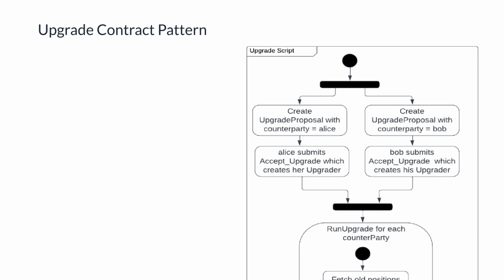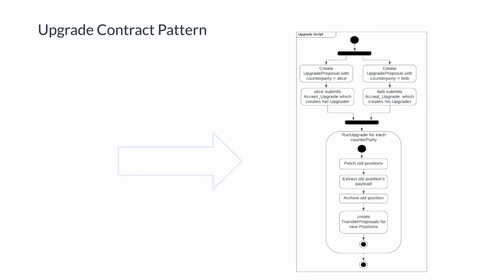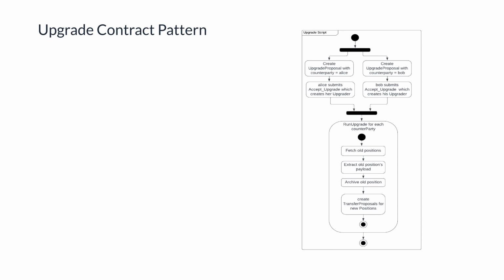The workflow in a script would go something like this. For each of the owners, say Alice and Bob, the bank creates upgrade proposals. Alice and Bob then exercise the accept upgrade choice, which creates their upgrader contracts. In the example, you have just 2 owners with a handful of positions.